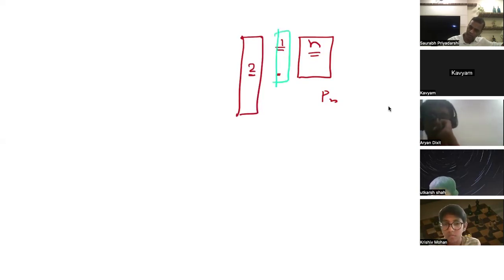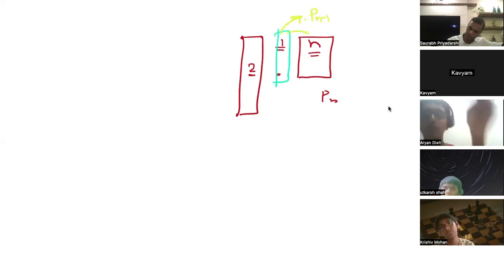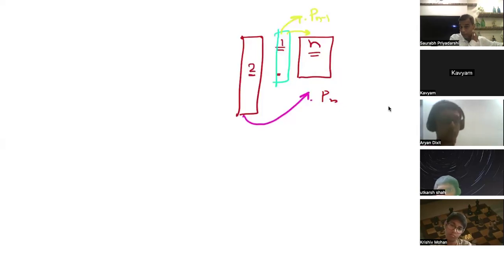If I'm at this position, I have to get 1 point to reach n. If I am at this position, I have to get 2 points to reach n.